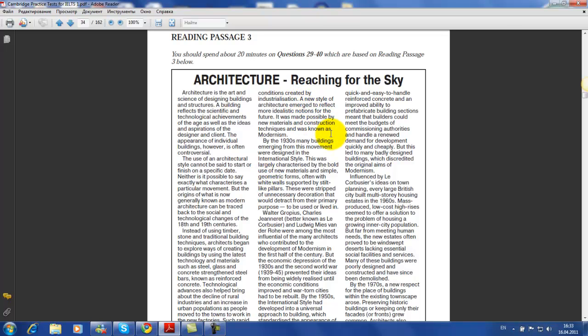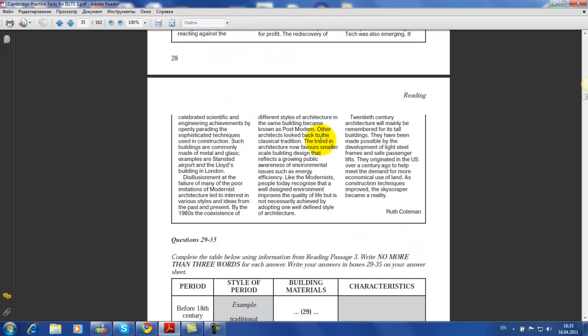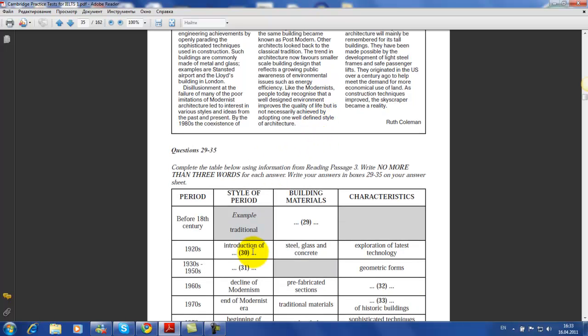A new style of architecture emerged to reflect more idealistic notions for the future. It was made possible by new materials and construction techniques and was known as modernism. So the answer for question 30 is modernism.